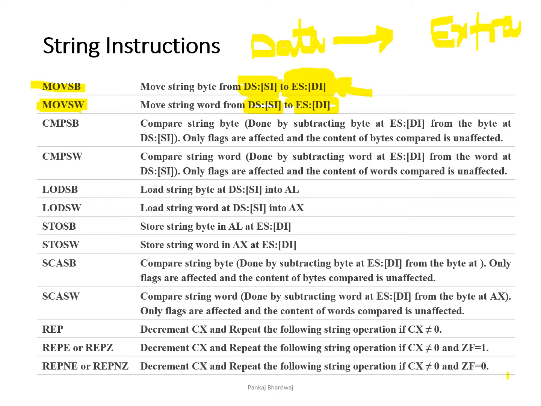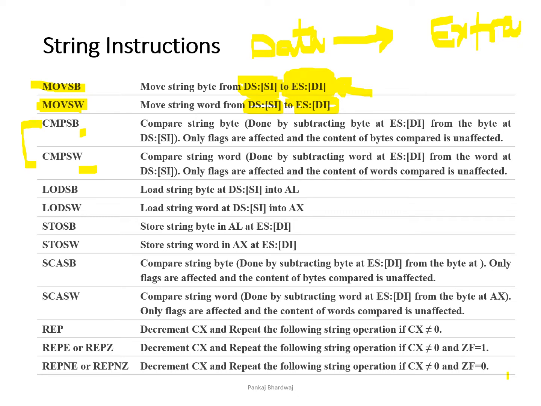Next is compare: compare string byte and compare string word. SB means it's an 8-bit comparison, SW means it's a 16-bit comparison. We compare the data from the extra segment and the data segment. After that comparison, there is no change in the data in any of the segments. The only thing that changes is the flags, because in the compare instruction we only change the status of the flags.